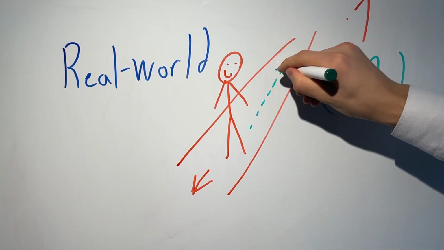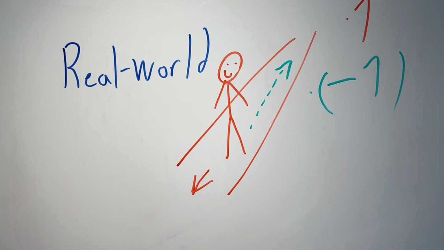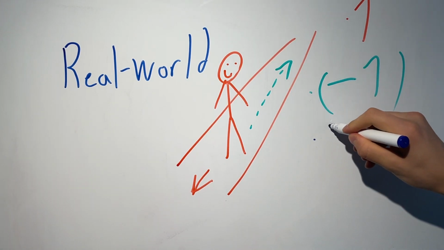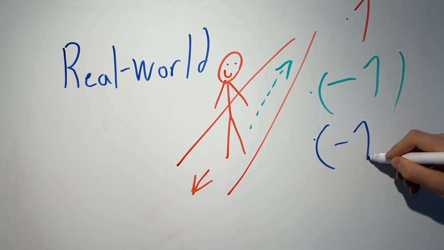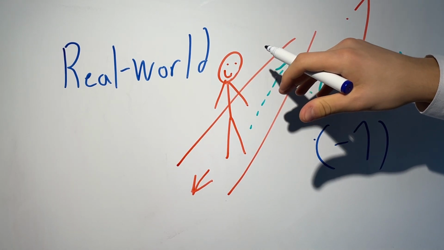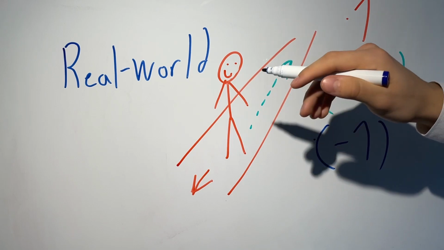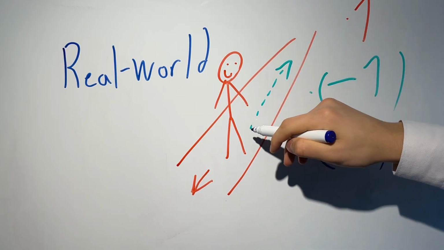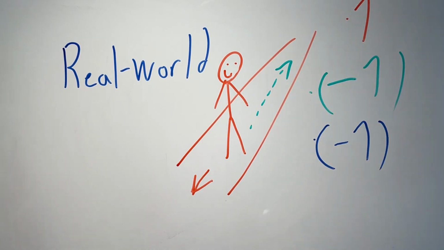So now you're walking in this direction, but imagine there's another factor. There would be another times -1, which would somehow still keep you progressing, but you would still keep walking backwards.